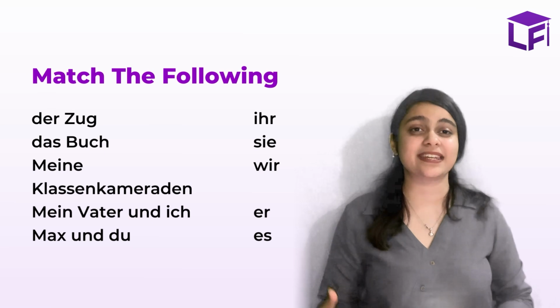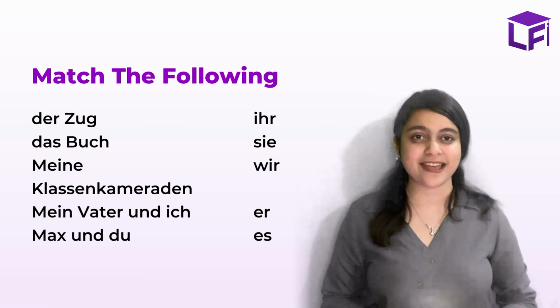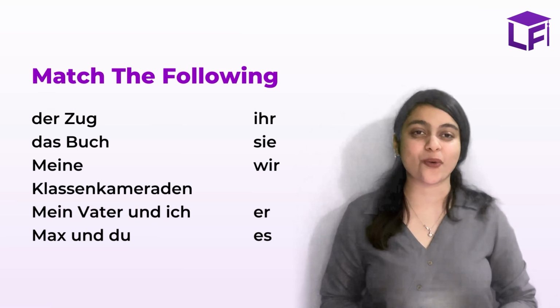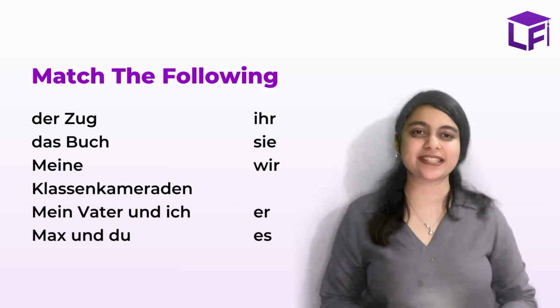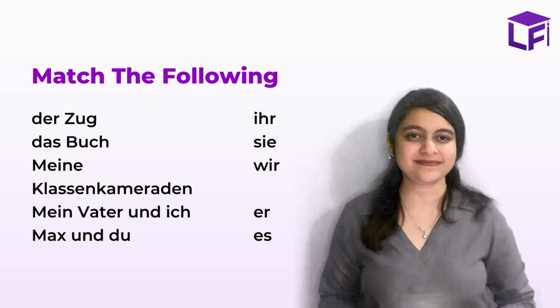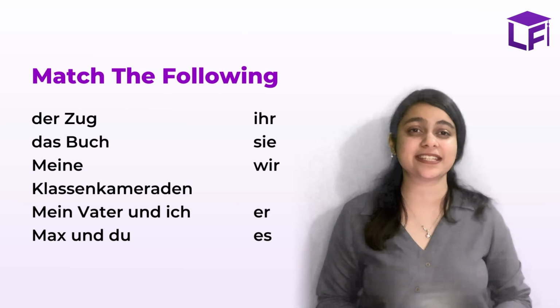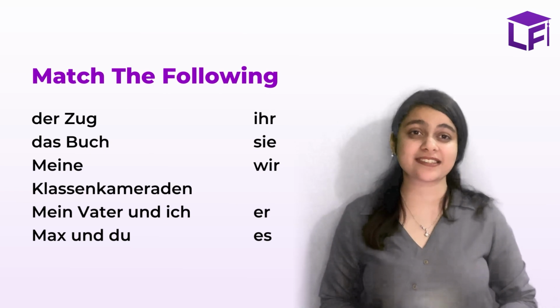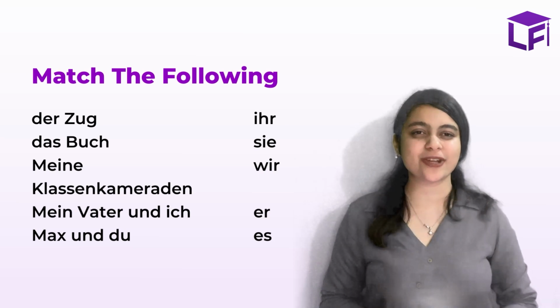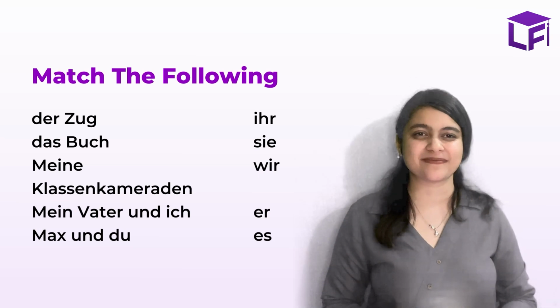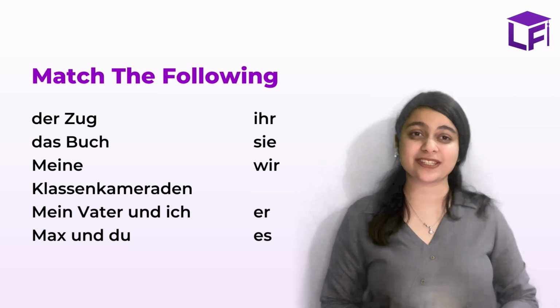The next noun we have is mein Vater und ich, which means my father and I. The next one in the list is Max und du, which means Max and you. With that, we are done with the list of nouns.